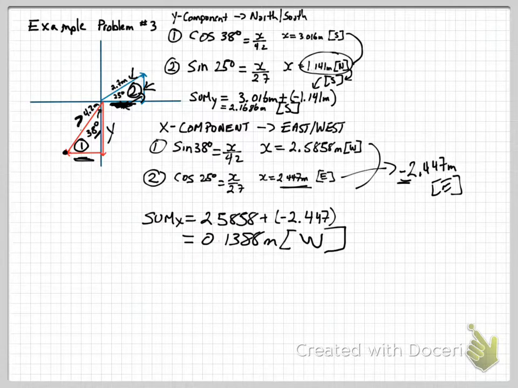Alright, so we now have two components here. We got our south component and we got our west component. So now we can take a look at putting this information on our triangle.